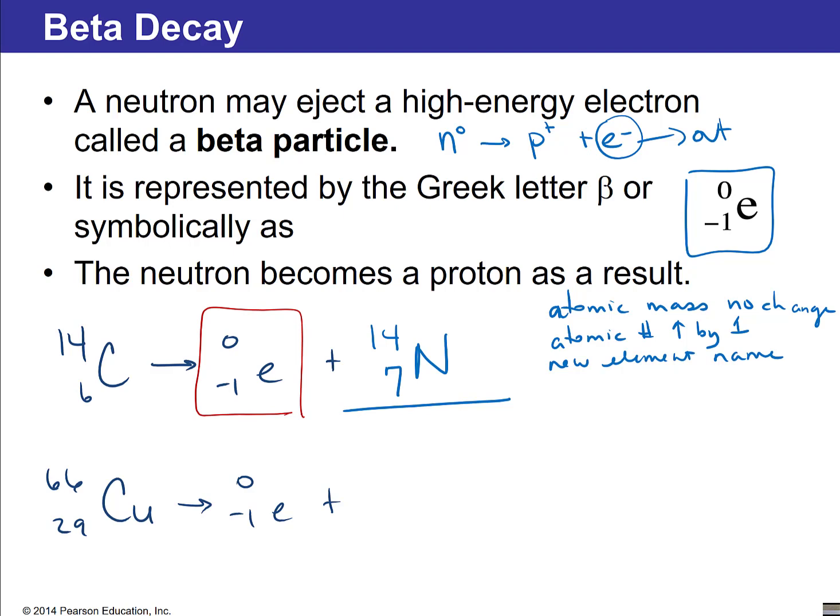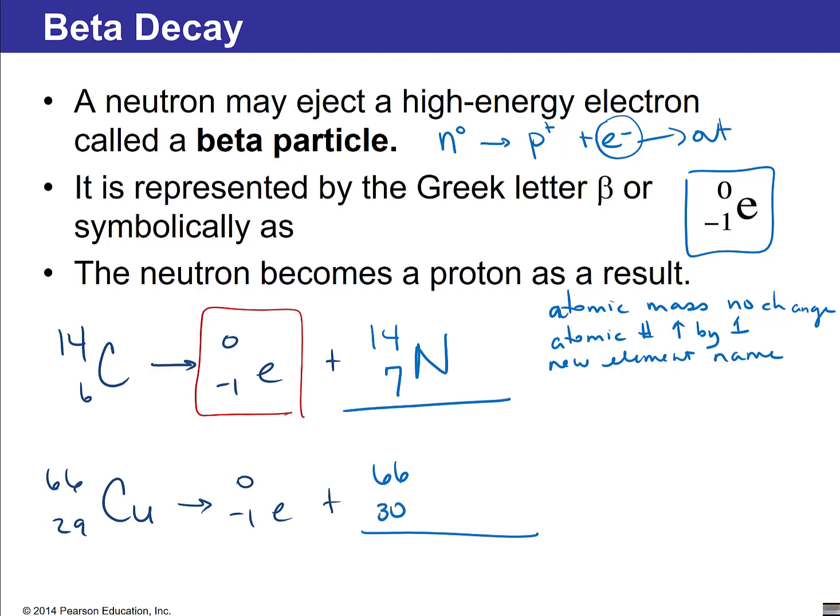How about copper? Copper 66. So if you see the 0, it means that there's no change. So 66 stays the same. The -1 indicates that the proton number increases by 1, so that's going to be 30.